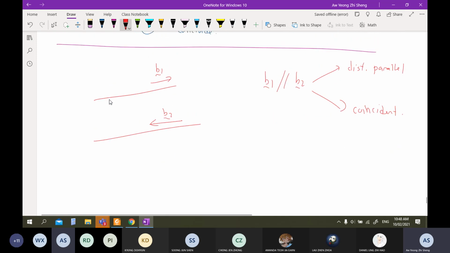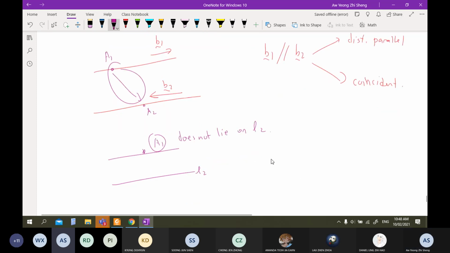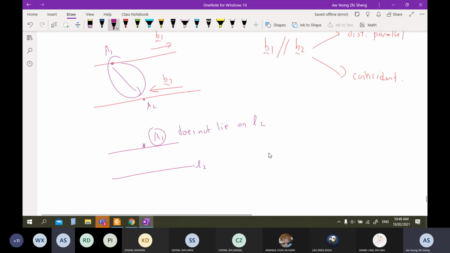First method is to construct a vector directed from A1 to A2, then show that A1A2 is not parallel to B1 or B2. Second method is to show that A1 does not lie on L2. Depending on your preference, you can use either method.